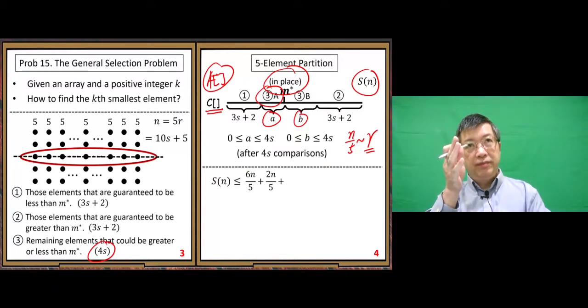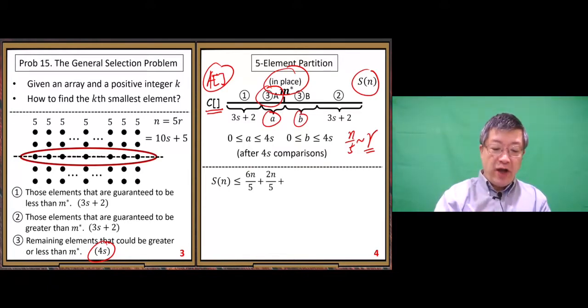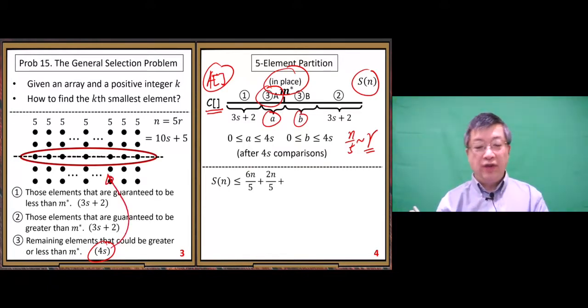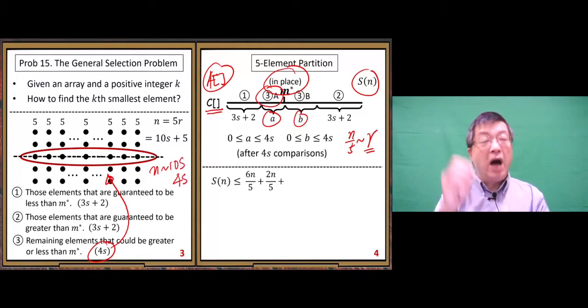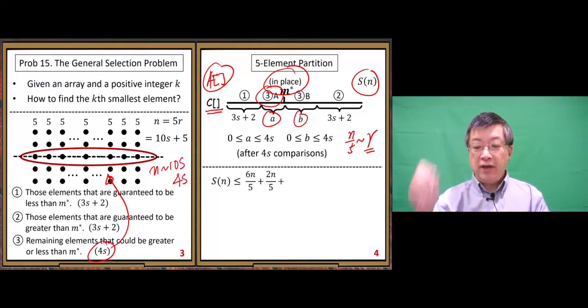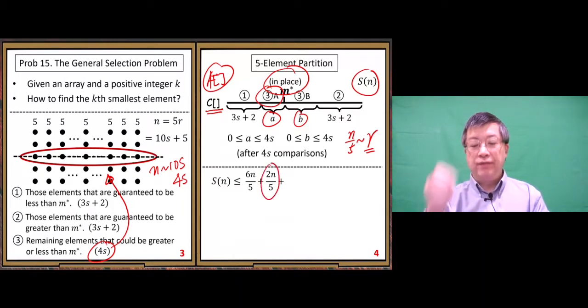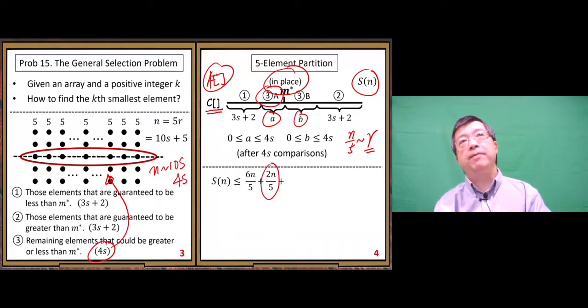Second term, 4S comparisons. Look at this here: approximately 10S equals n, so 4S is 4 over 10, which is 2/5 times n.